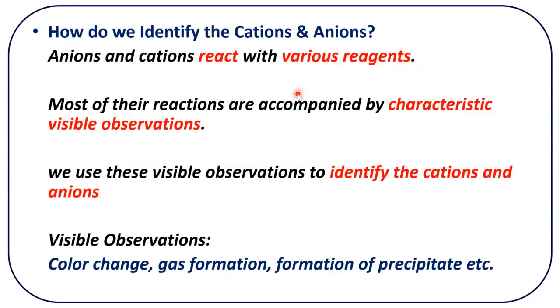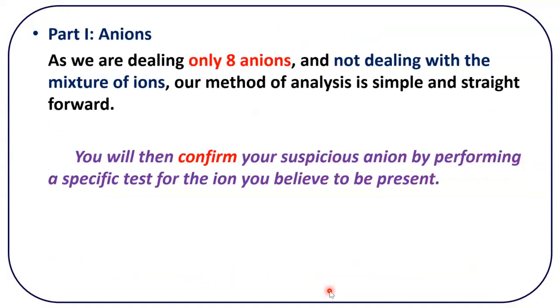Most of their reactions are accompanied by characteristic visible observations. We use these visible observations to identify the cations and anions. There are many kinds of observations. Some of them are color change, where you might see a color change from reactant to product, or gas formation, evolution of gases, and might be formation of a precipitate. You see a precipitate is formed.